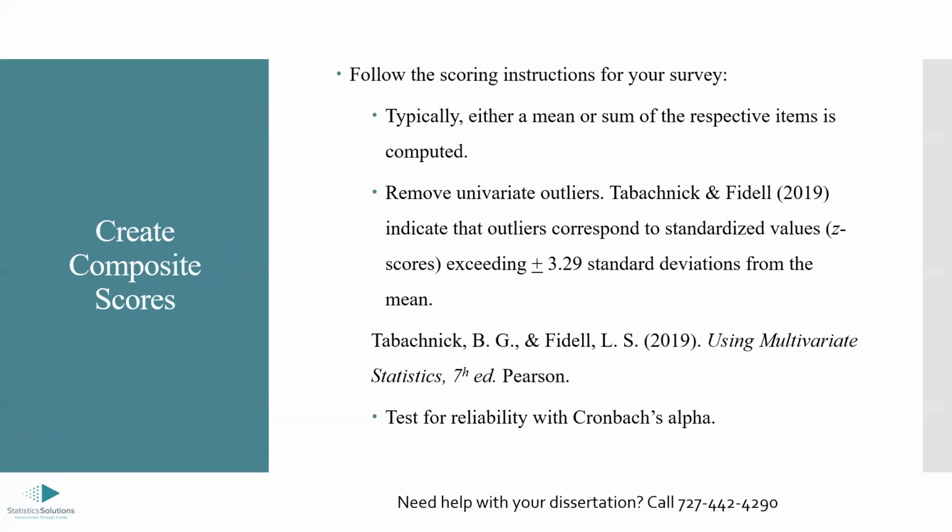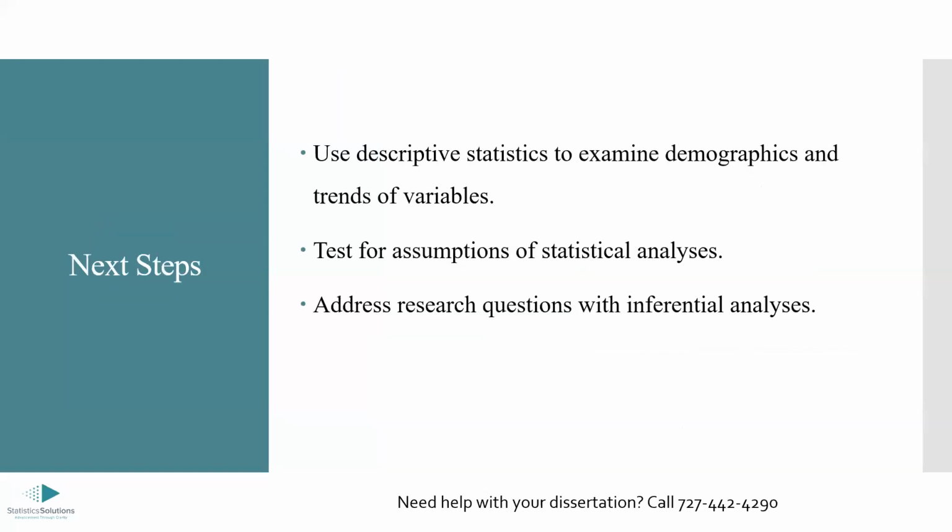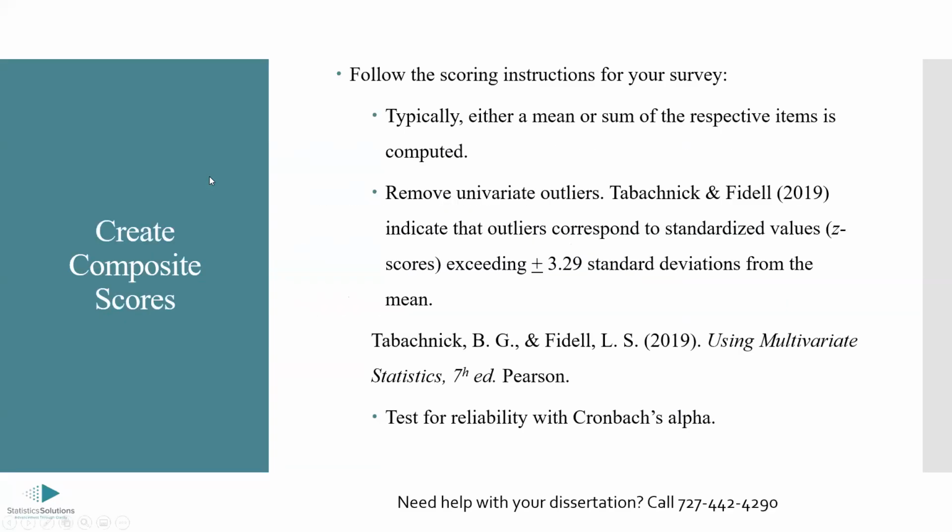We had 7 items on that survey. The goal typically is not to look at each item on its own. It's to look at a collective measurement for leadership effectiveness, a collective measurement for employee satisfaction. You want to take the average or a sum of all the items to represent those constructs.